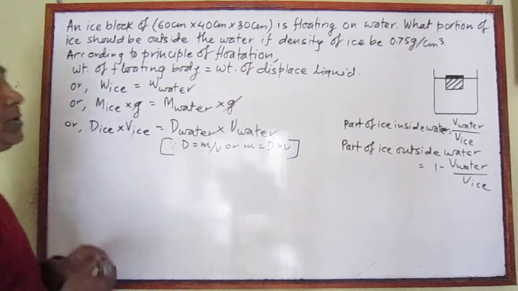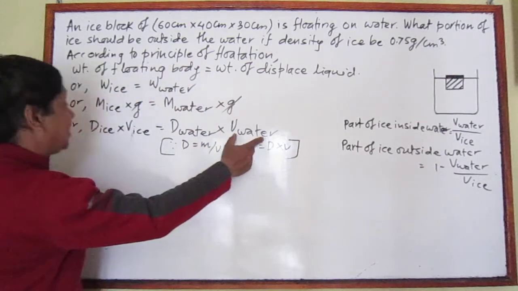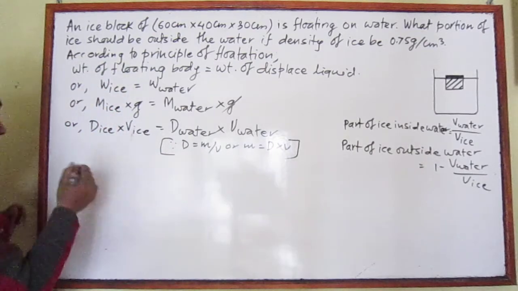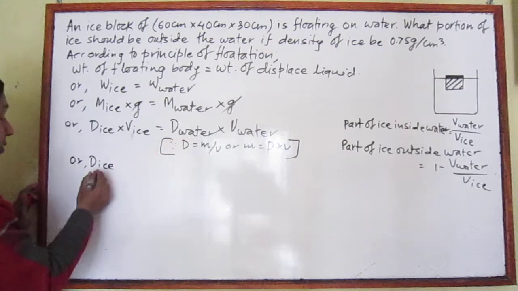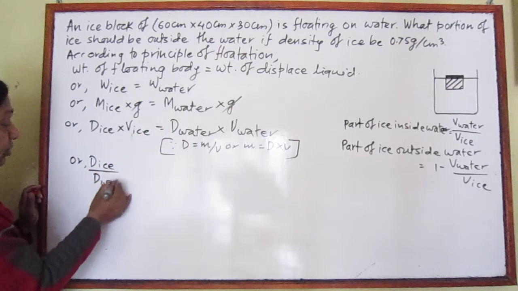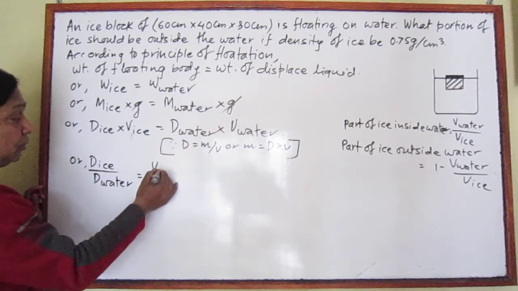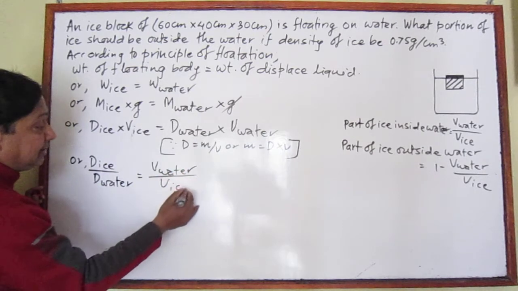Okay, now our target is to find V water by V ice. V water is on the right hand side, V ice is on the left hand side. I want to take this to the right hand side. We can do it this way. Density of ice upon density of water equals volume of water upon volume of ice.